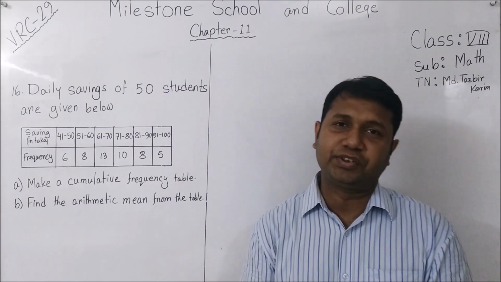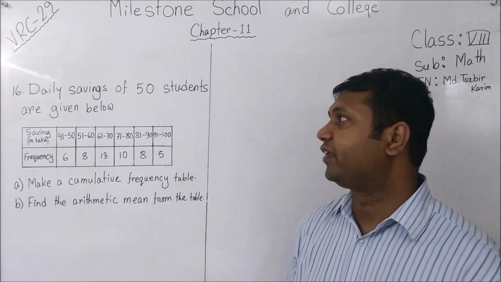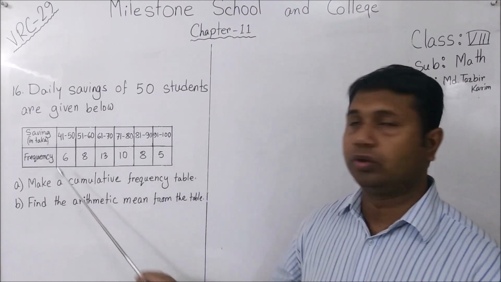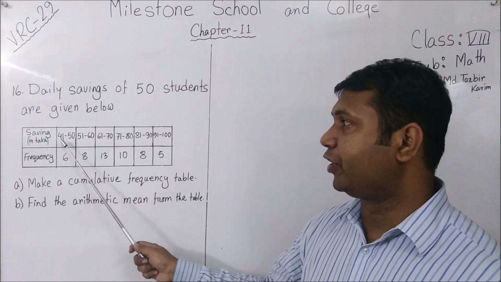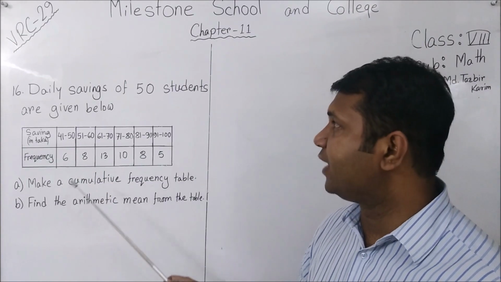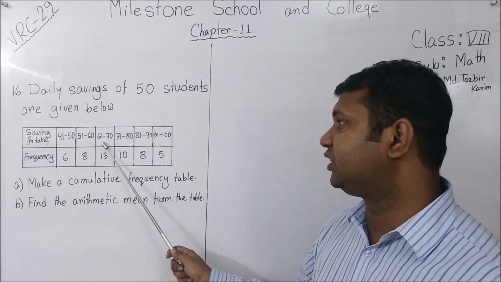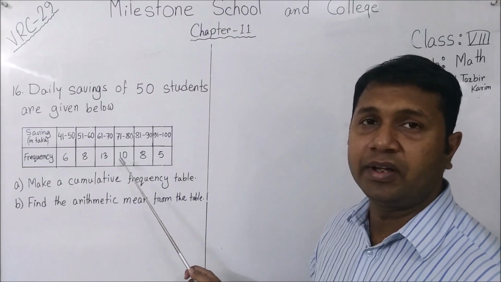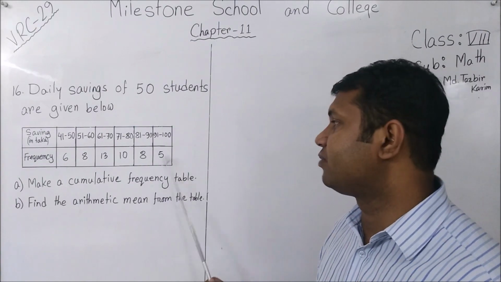Okay, my dear students, here is question number 16 of our exercise 11. You can see the board. Daily savings of 50 students are given below. So these are the information: 41 to 50 taka saved by 6 students, then 51 to 60 taka saved by 8 students, 61 to 70 taka saved by 13 students, 71 to 80 taka saved by 10 students, 81 to 90 taka saved by 8 students, 91 to 100 taka saved by 5 students.